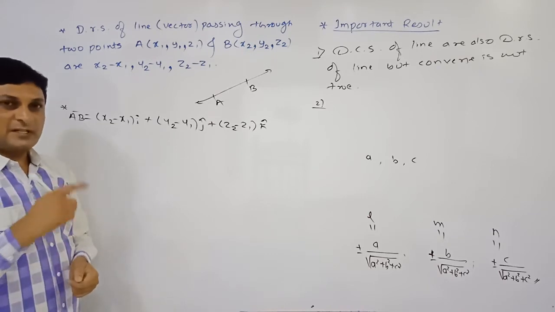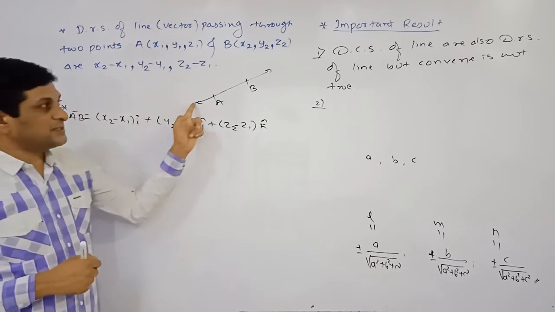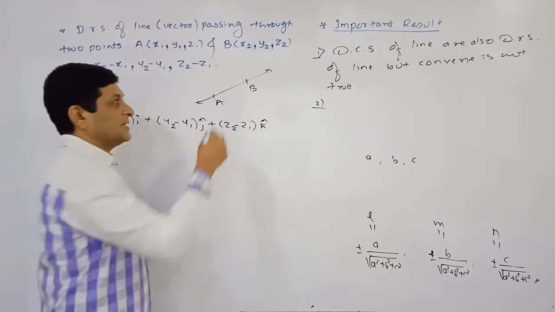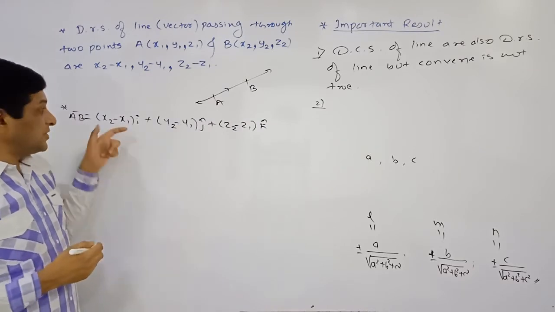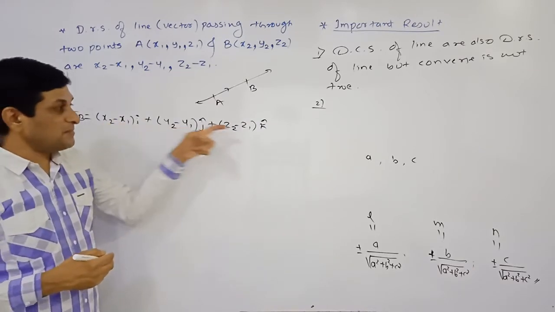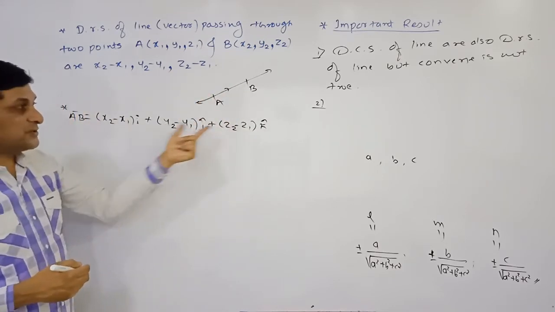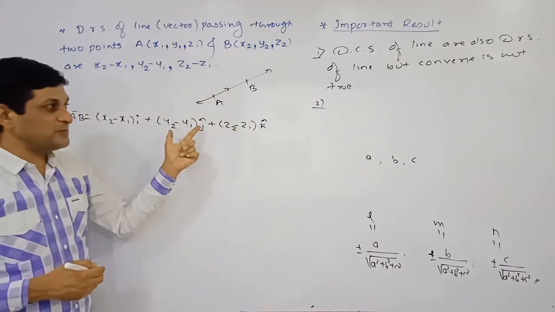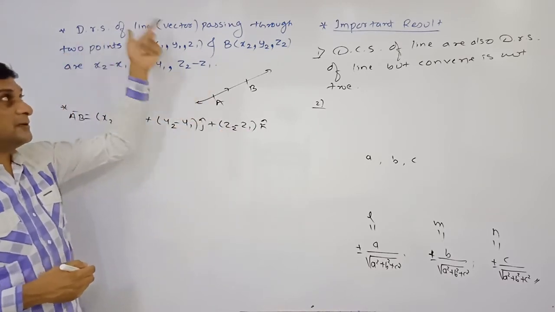Now if you observe this result very carefully, this AB bar is nothing but one vector along this line. So if a vector along the line is given to us, the coefficients of I cap, J cap, K cap in this vector are nothing but the direction ratios of that line. We have proved it.